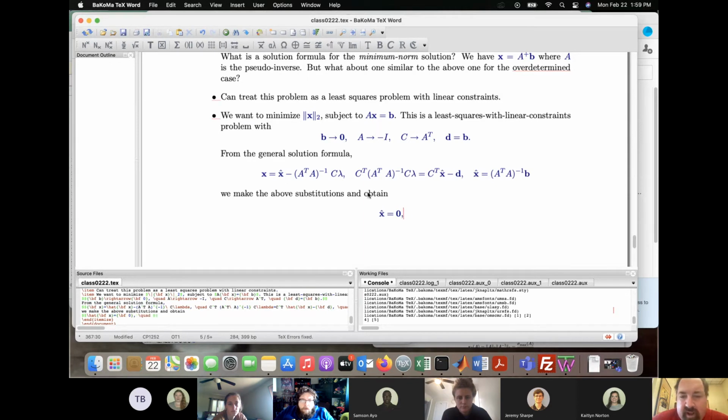What about lambda? Well, A is minus identity, so all of this in here becomes identity.